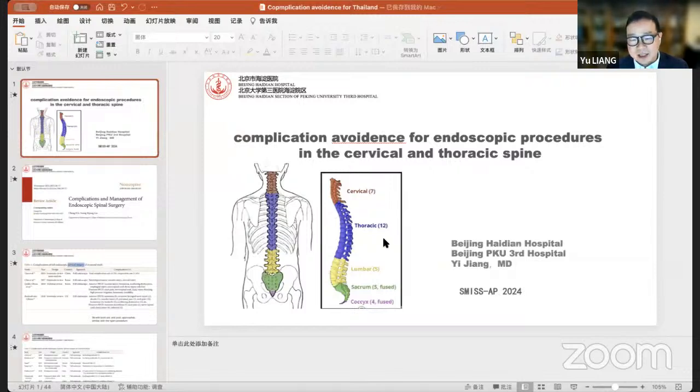So today, Professor Jiang will talk with us about how to avoid complications of endoscopic spine surgery, especially in the cervical spine and the thoracic spine. Let's welcome Professor Jiang. Thank you, Professor Liang. Professor Jiang is very busy. He is now in Cairo, Egypt.